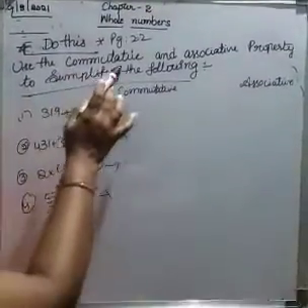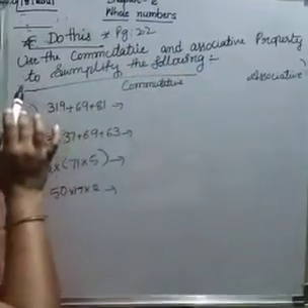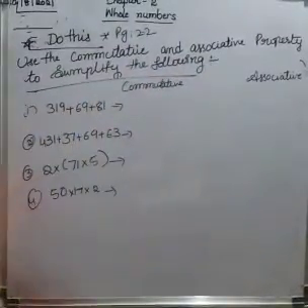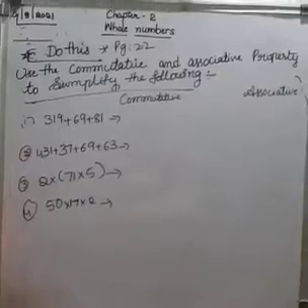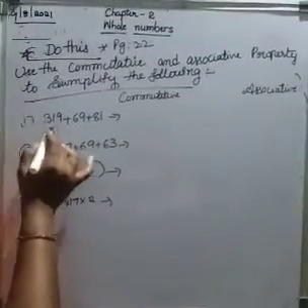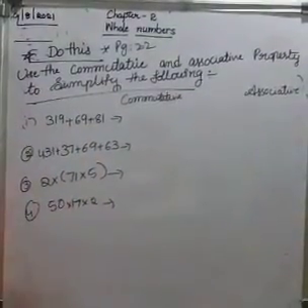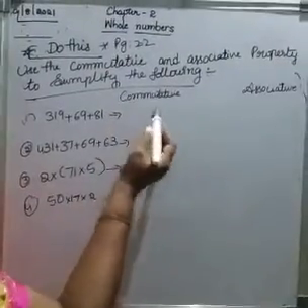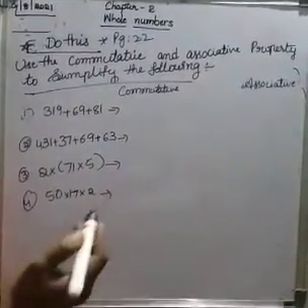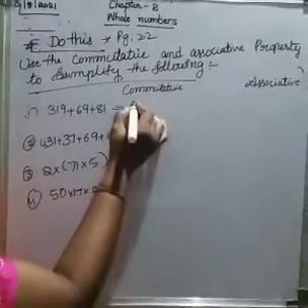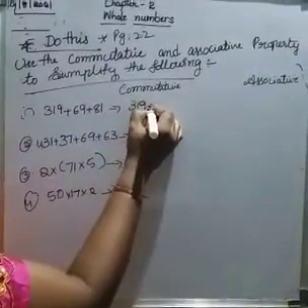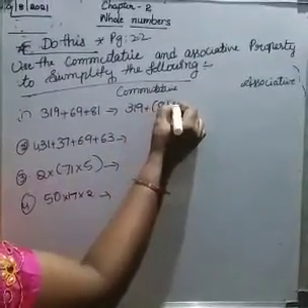Use the commutative and associative property to simplify the following. First, 319 plus 69 plus 81, using commutative property: 319 plus 81 plus 69.